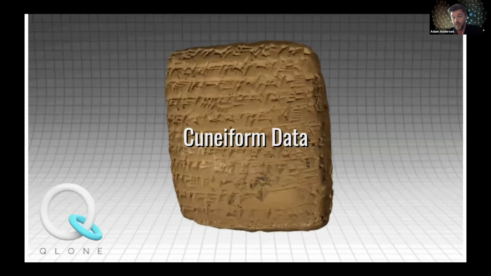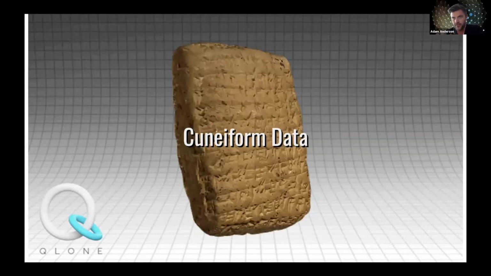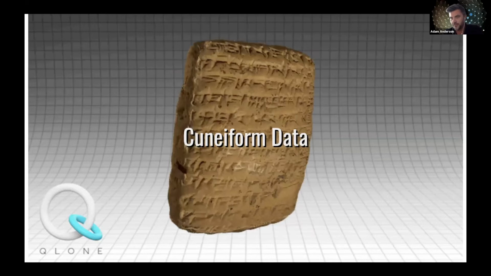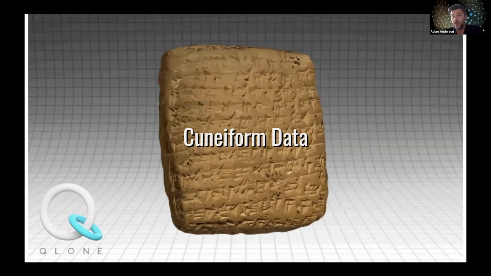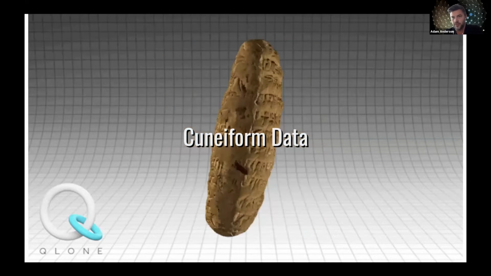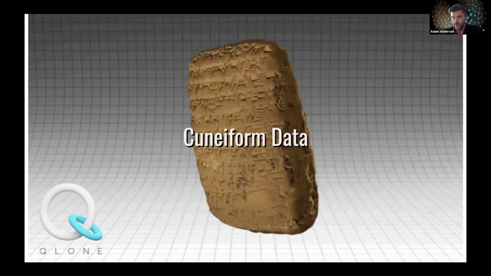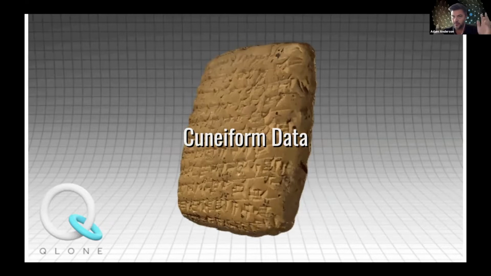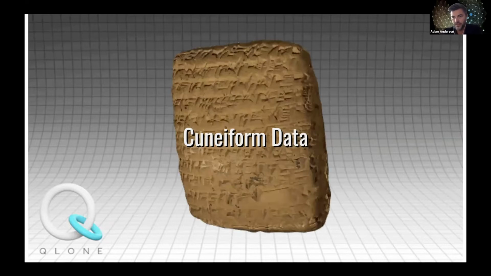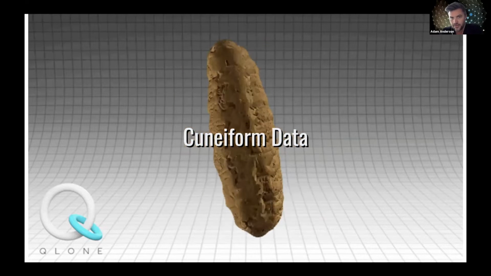So even though each document, a tablet in this case, is unique and uniquely valuable to the scholars, it's sometimes difficult to find all of the different places in which the data is recorded.